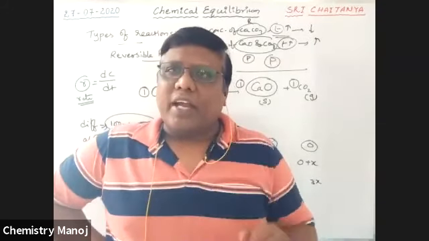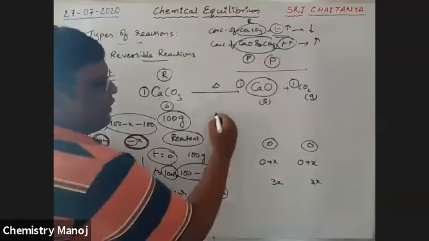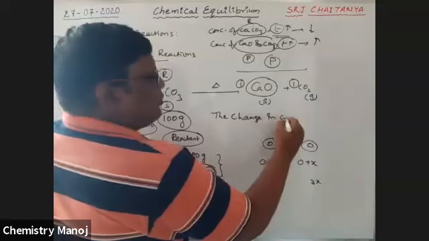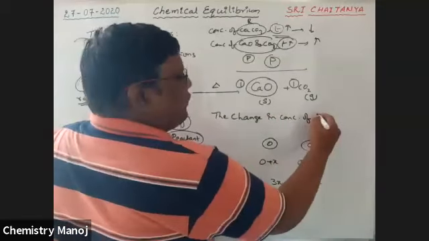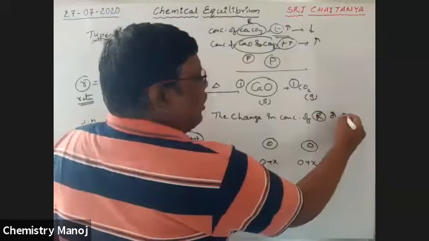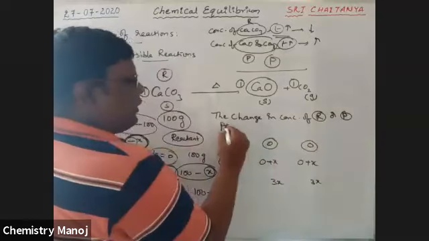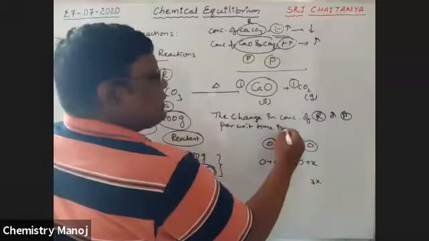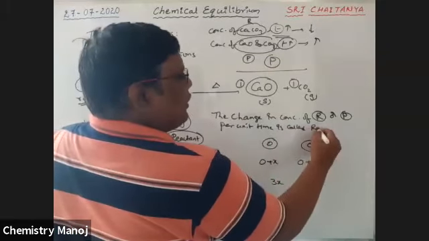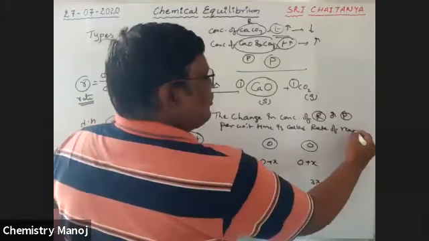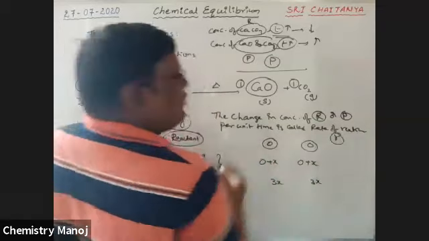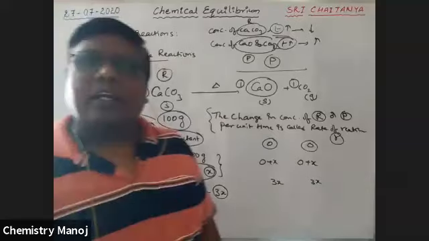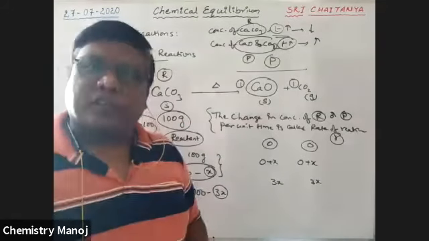So what is rate of reaction? The change in concentration of reactants or products per unit time is called rate of reaction, which is indicated with the letter R. So this is rate of reaction.